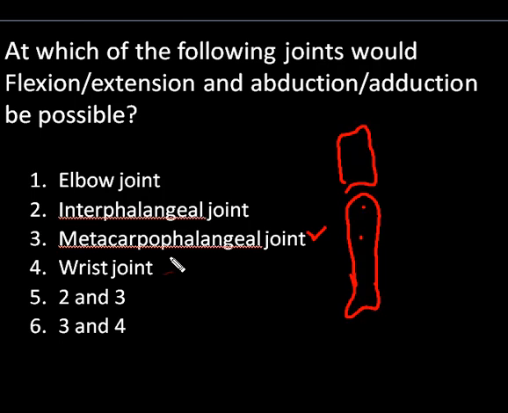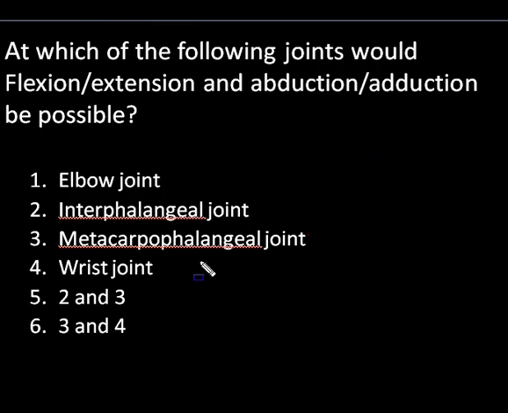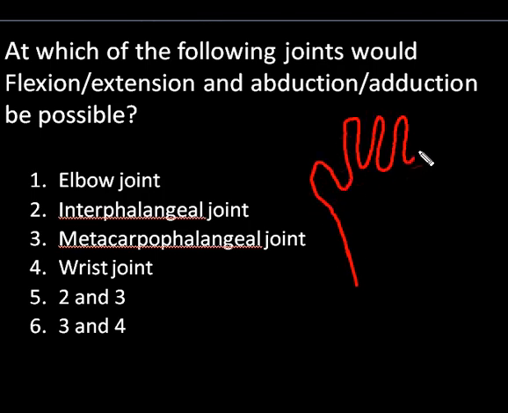Let's look at the wrist joint. The wrist joint too is capable of doing the same. Let's look at the hand up here, and let's say that's the thumb and the fingers. At this joint you can flex or extend at the wrist.